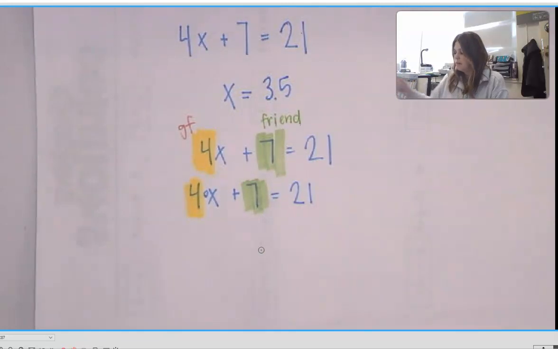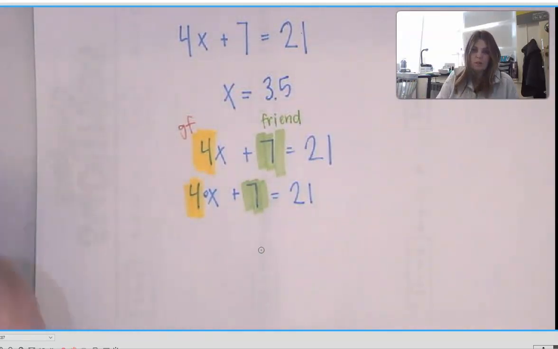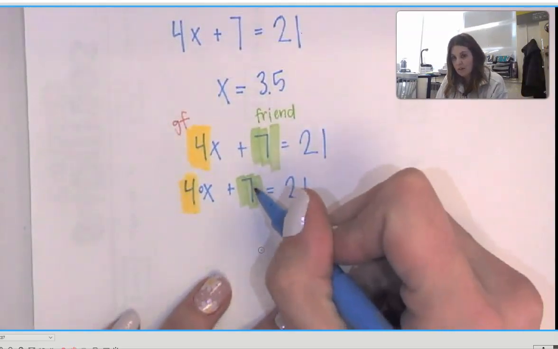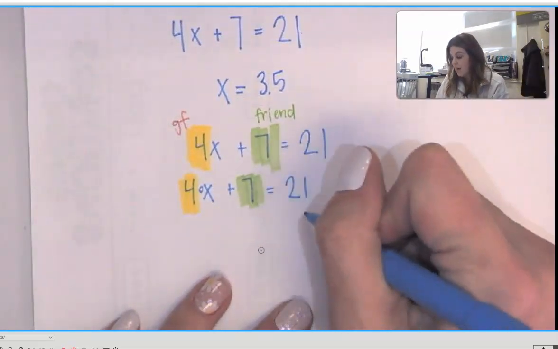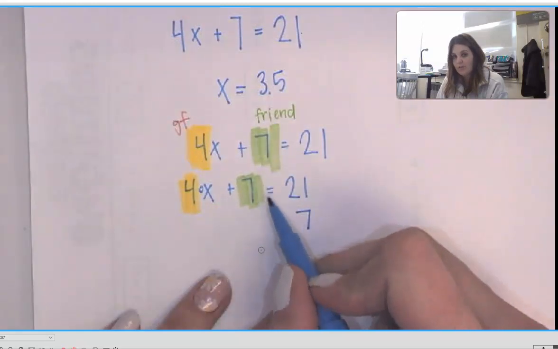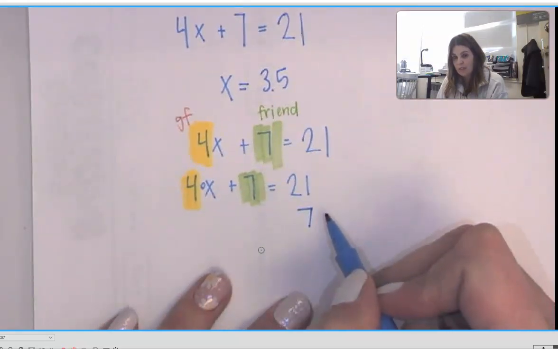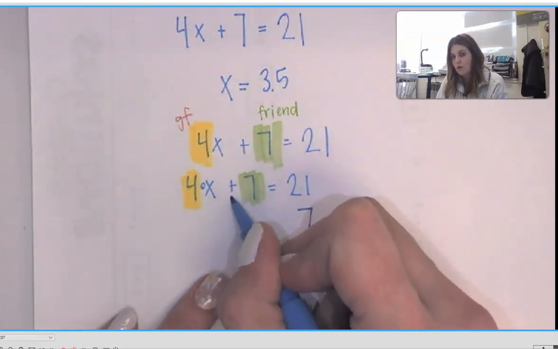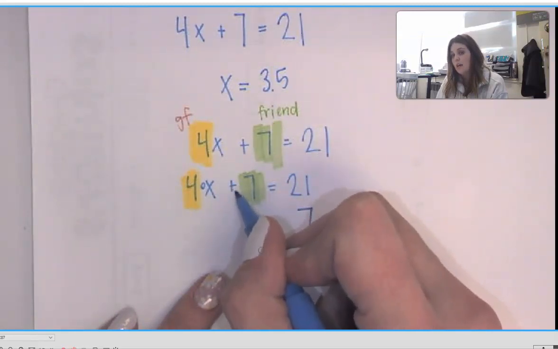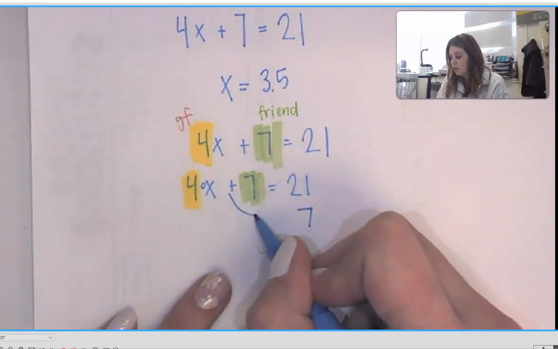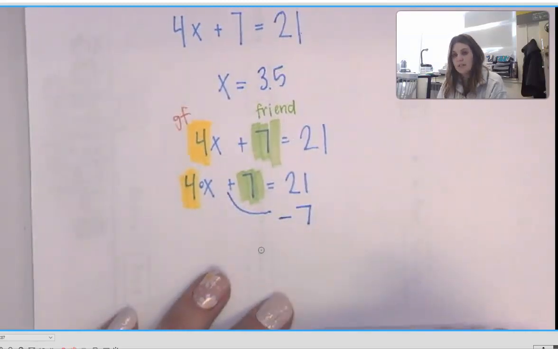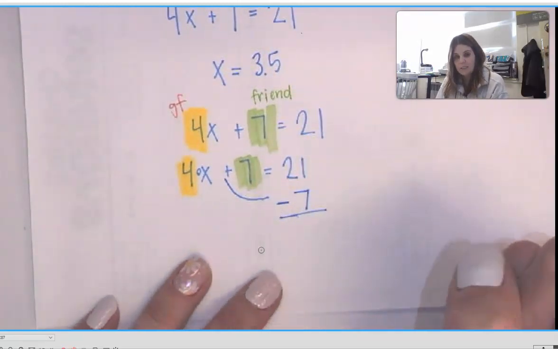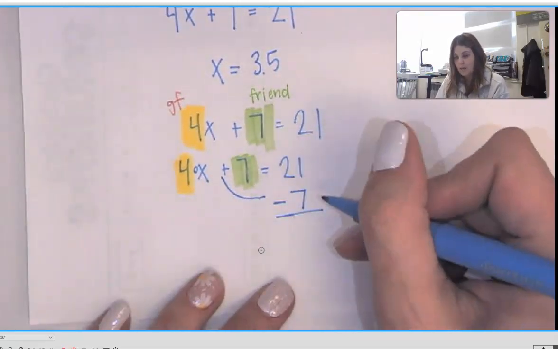Now the reason why I'm making that really clear is because when we go to solve this, we want to get this 7 off of this side, and to do that we have to move it over to this side. But to move it, you have to do the opposite of what you see. So if you see a plus here, what you need to turn it into here is a minus. So 21 minus 7 ends up being 14.